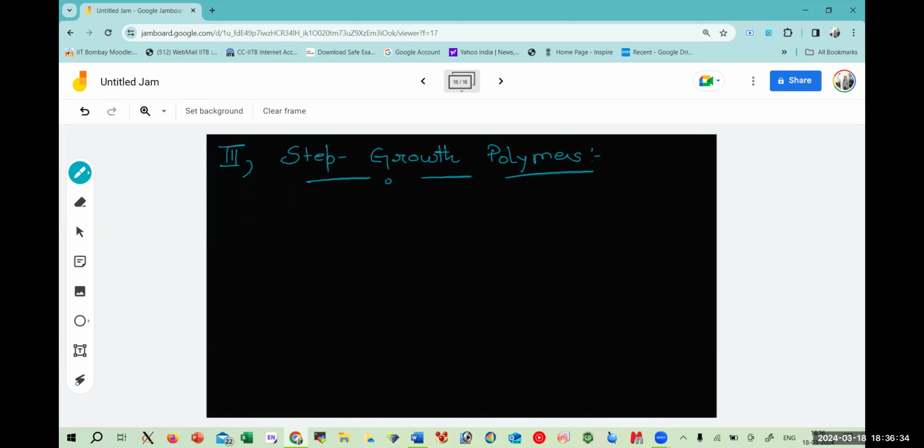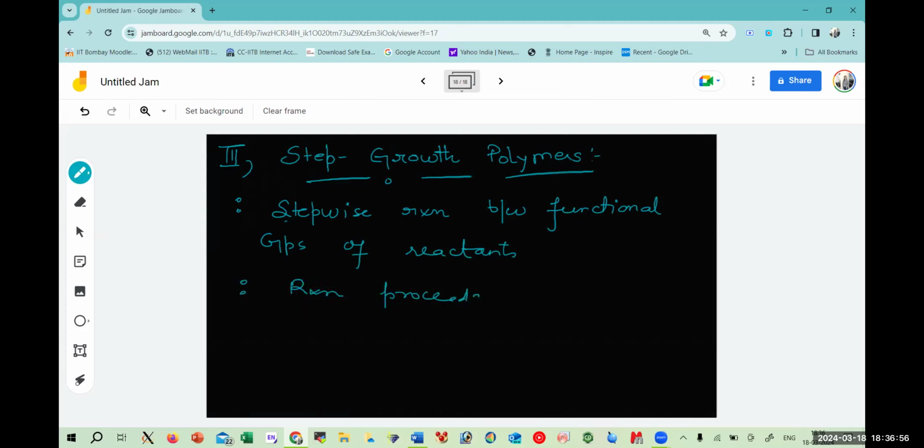So it proceeds like a stepwise reaction between the functional groups of the reactants. So the reaction actually proceeds in multiple steps. It's not a single step, it's a step growth. So it will occur in different multiple steps.